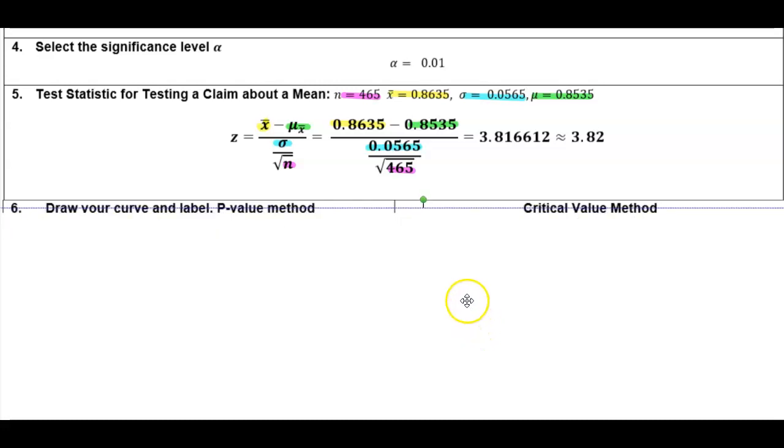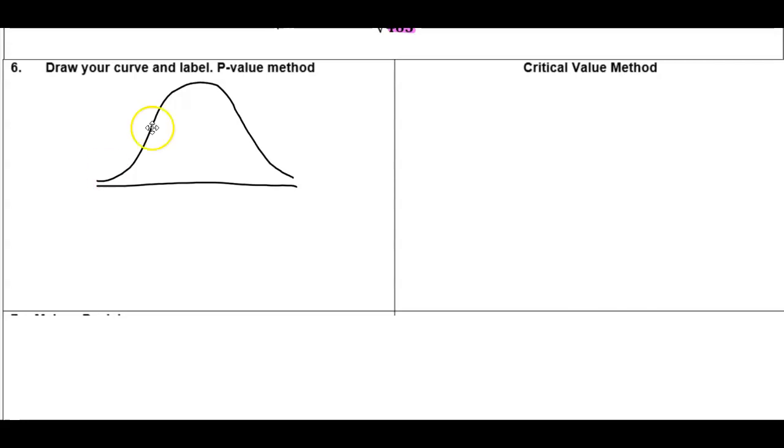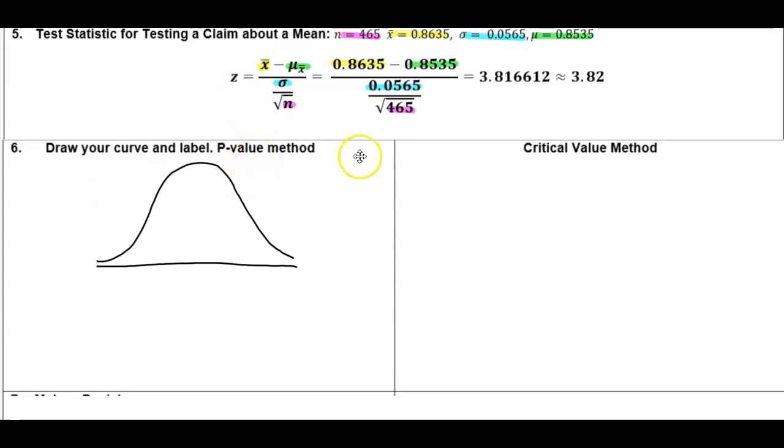So now what we're going to do is go ahead and draw the curve and label, and then use the p-value method and the critical value method. So let's start with the p-value method. With the p-value, we're going to draw our bell curve. We know that it is our Z test statistic, so we know that the mean is going to be 0.